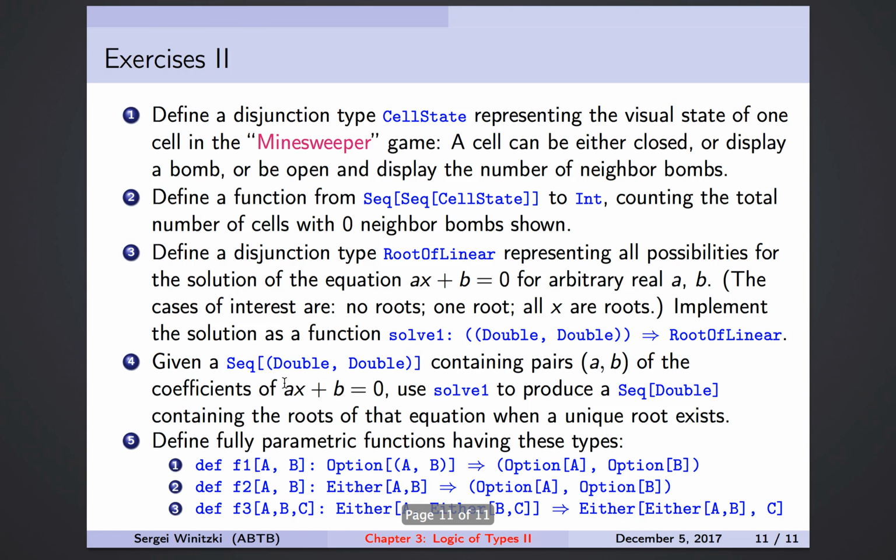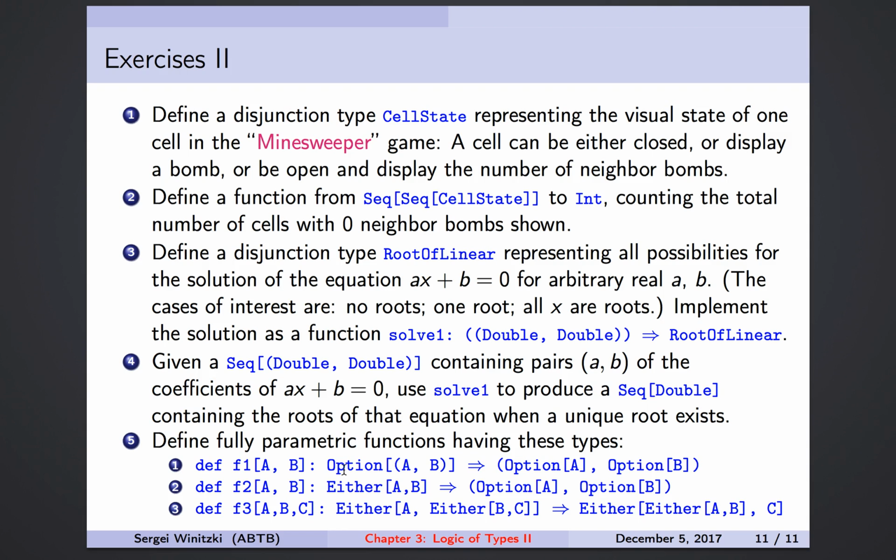So here are some more exercises for you to work with disjunction types, case classes and collections of them, and implement some functions like these also with fully parametric types. And so these functions are usually obvious in what is meant.